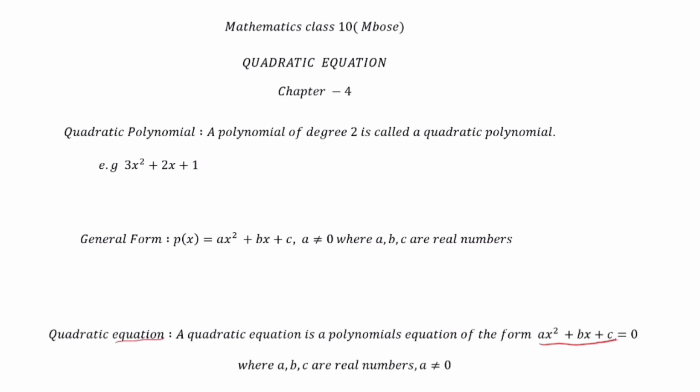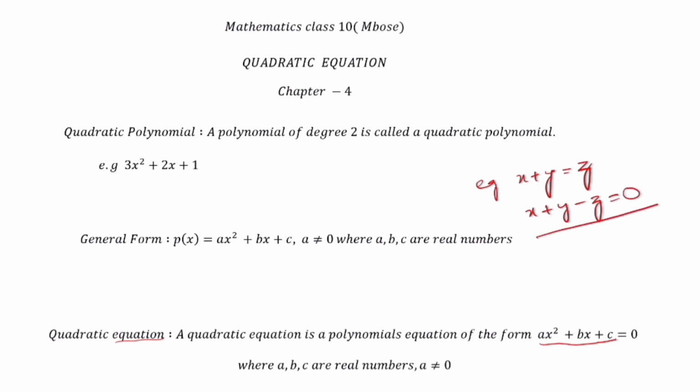Because when we say equations, it means that, for example, x plus y is equal to z. This makes an equation, or we can say that x plus y minus z is equal to 0.